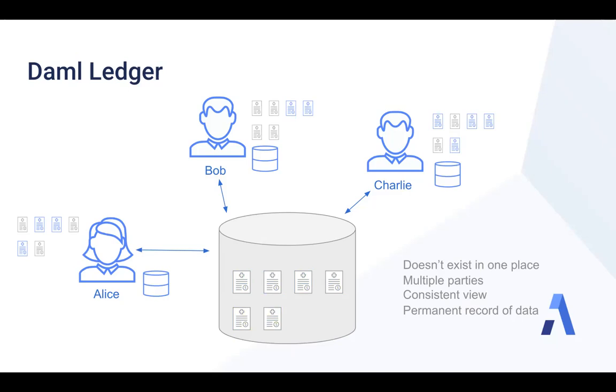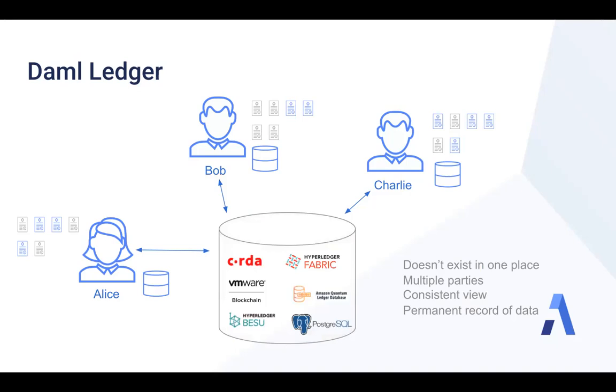This idea that the developer doesn't need to think about building an application for a distributed setting, that the developer builds an application for the Daml ledger model, and that application can run using the different Daml drivers on either a centralized database, such as Postgres or Amazon's QLDB, or on a distributed blockchain, such as Hyperledger Fabric, Corda, or VMware blockchain. That's a simple idea that's really non-trivial.